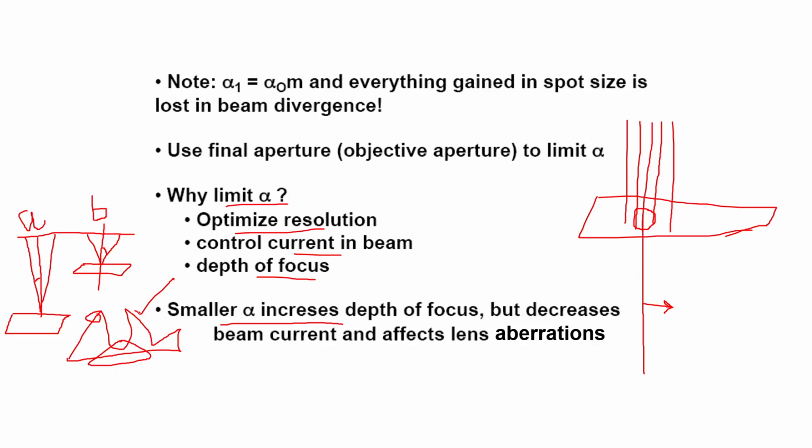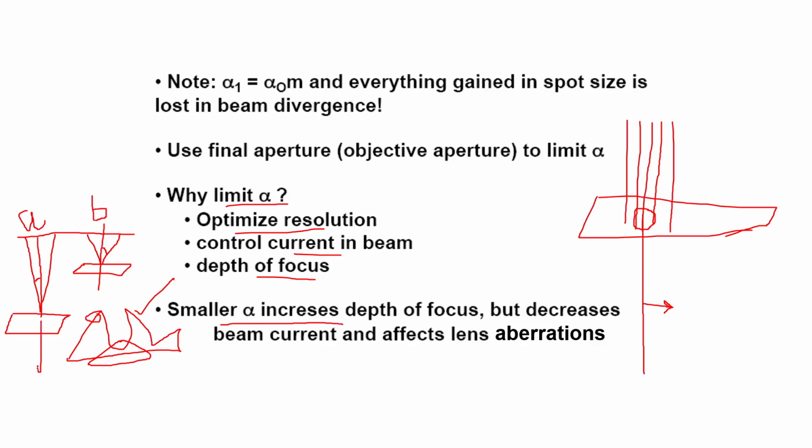But there is another thing to keep in mind: when you have a smaller alpha, though it will increase the depth of focus, it will decrease the beam current and affect the aberrations. The lower current will decrease the resolution.